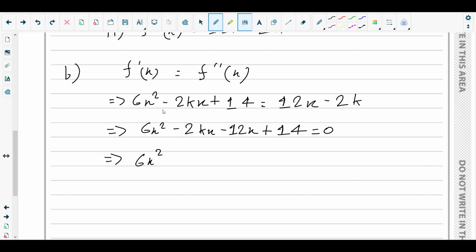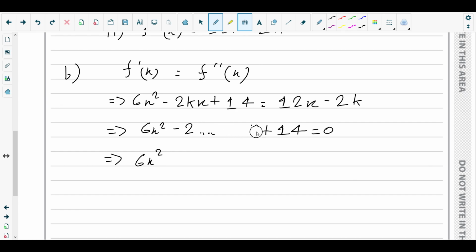So 6x squared minus 2kx minus 12x plus 2k plus 14.